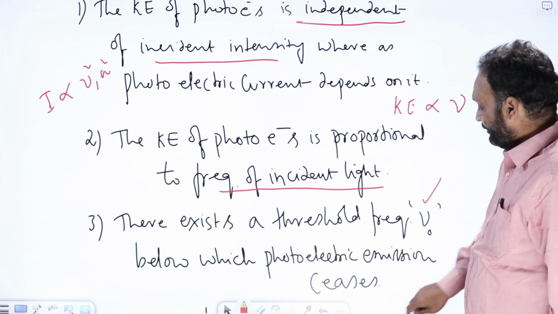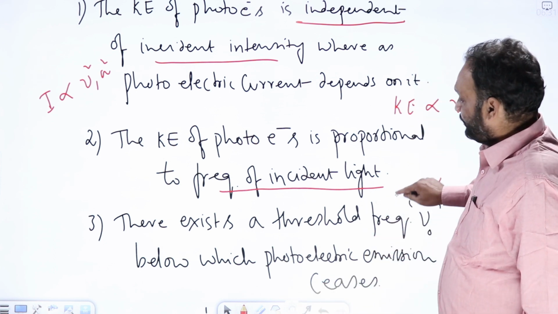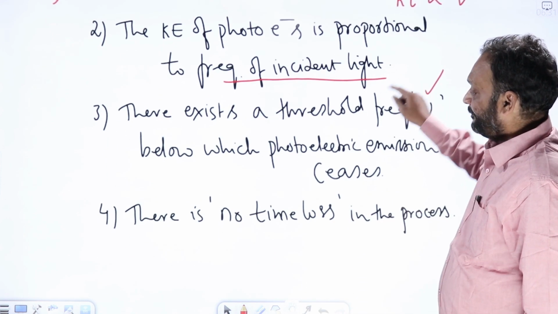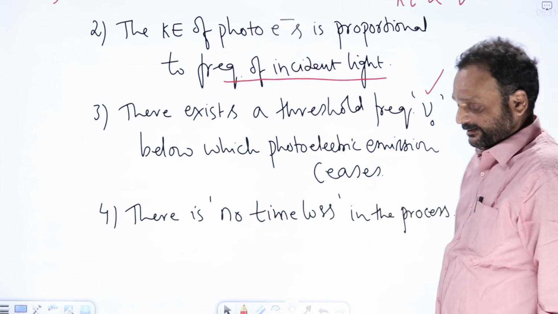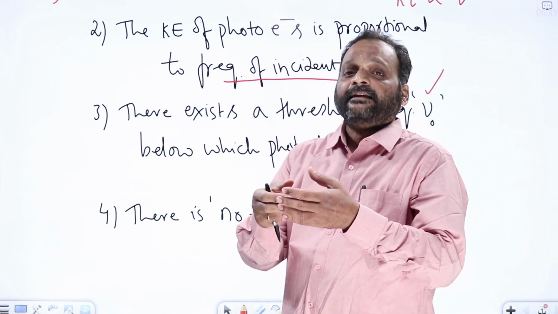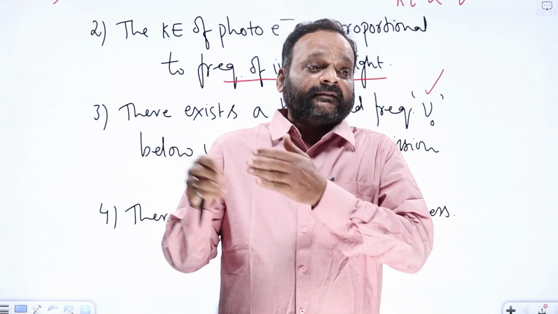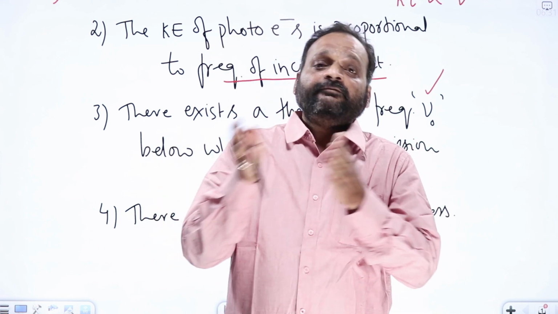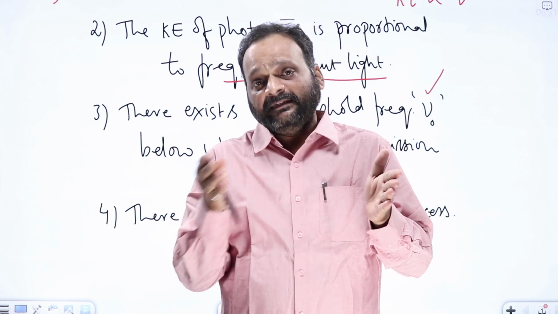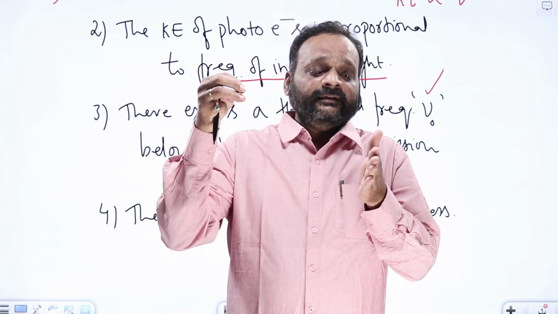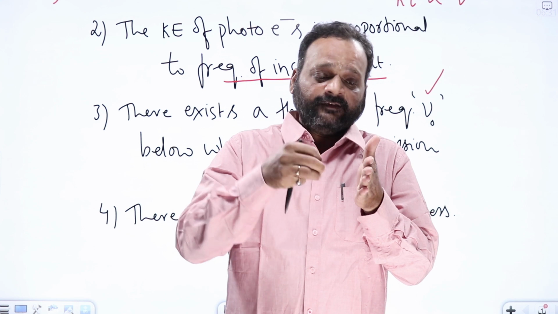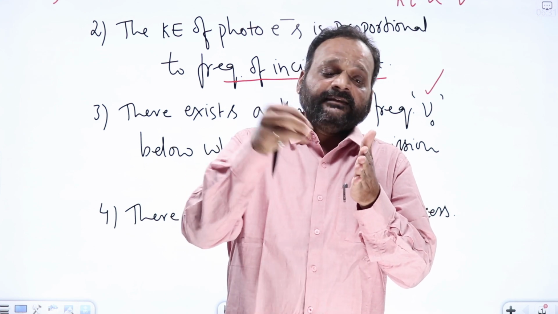The fourth important aspect of the photoelectric effect is that there is no time loss in this process. The moment light falls, electrons are found to come out. According to classical wave theory, the transfer of energy from a wave to a material particle should be a lengthy process. If light is really a wave, we expect it to take a lot of time for the energy transfer.